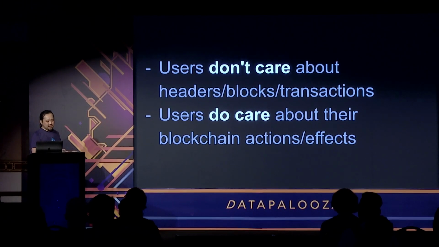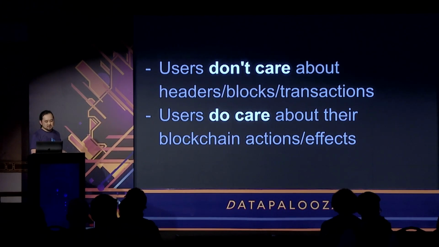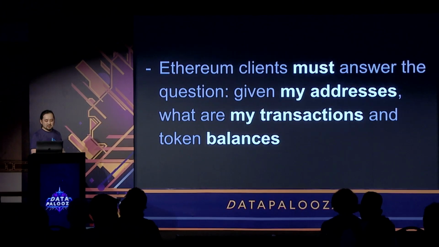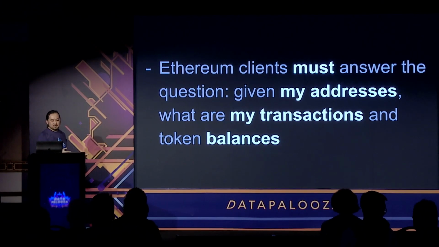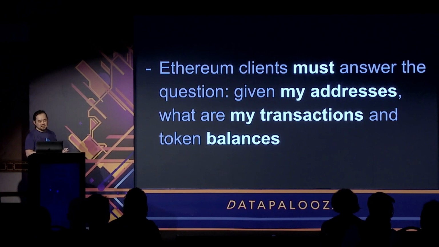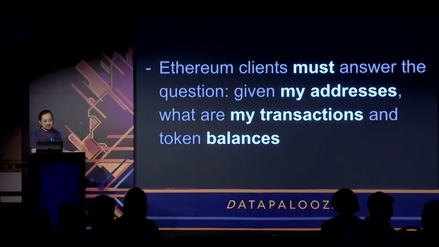Users actually care about the blockchain actions and their effects. For example, we think that Ethereum clients must answer this very basic question: given my address, what are my transactions, and what are my token balances?